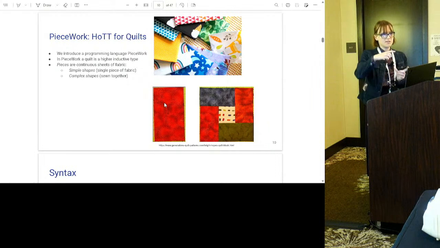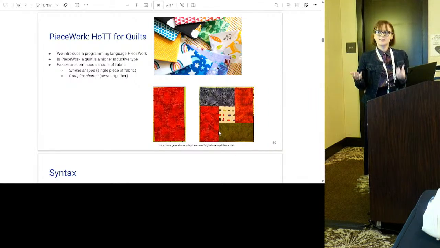It's one piece of fabric, all the same fabric all the way through. And then we also have this wheel here where you have multiple individual pieces of fabric sewn together, and it's still just a piece of fabric. They're interchangeable, but they're also distinctly different. That's where the difference between propositional and definitional equality comes in, where we're interested in saying that now that we've sewn all these things together, they're literally the same piece of fabric now.